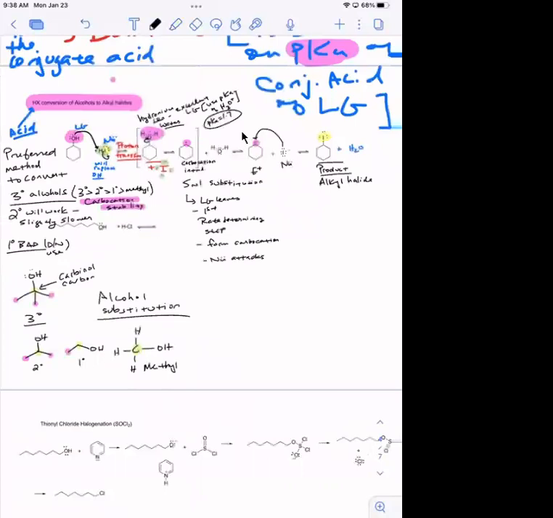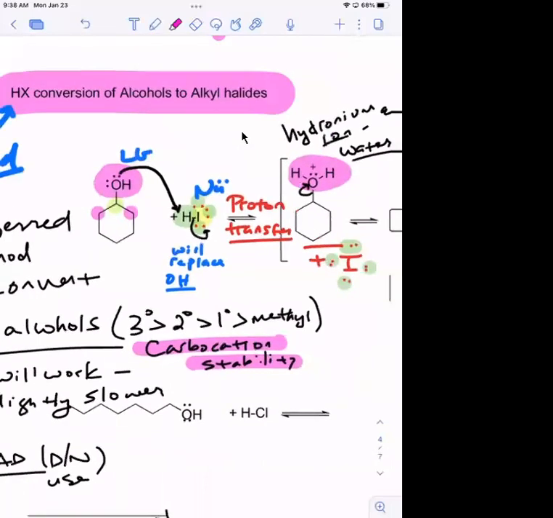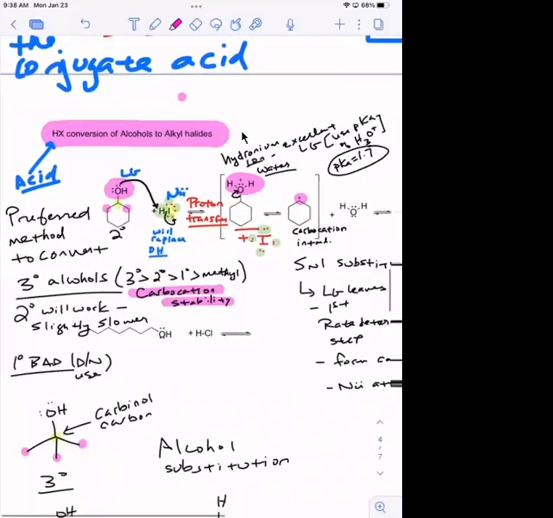All right, so this alcohol right here is a secondary alcohol. The central carbon where the OH is has two carbons bound to it. It's got a carbon on the left and on the right. So it's a secondary. All right. Any questions about that?